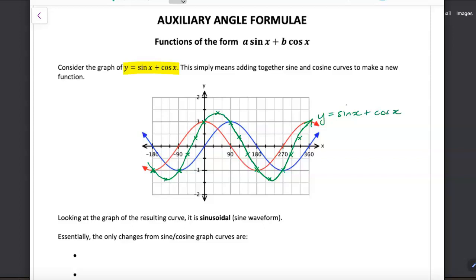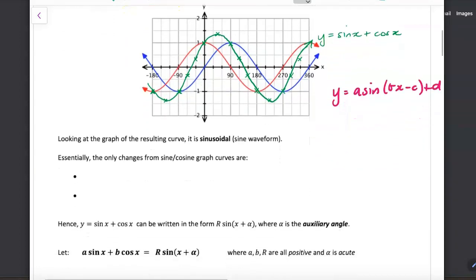Now, if we consider that graph, it looks very sinusoidal, which means it's like a sine waveform. So essentially, what we could do is try and replicate this by writing it as a sine graph. But what we can see when we look at this graph is there's only two real changes.